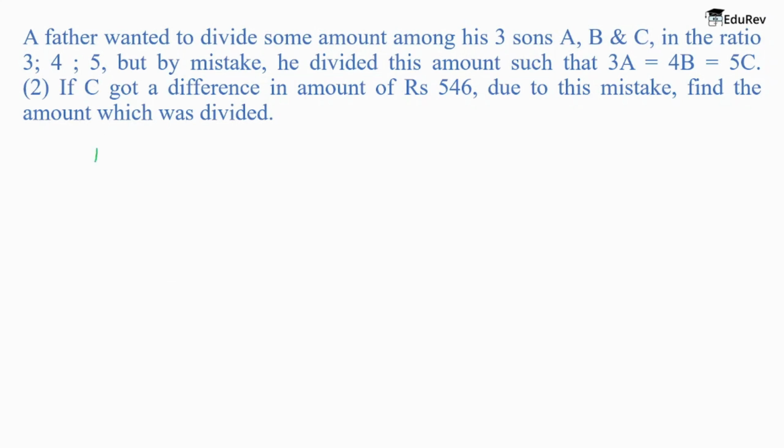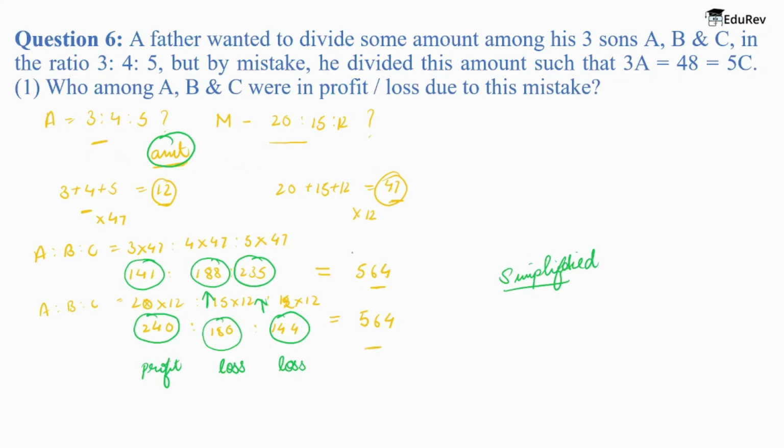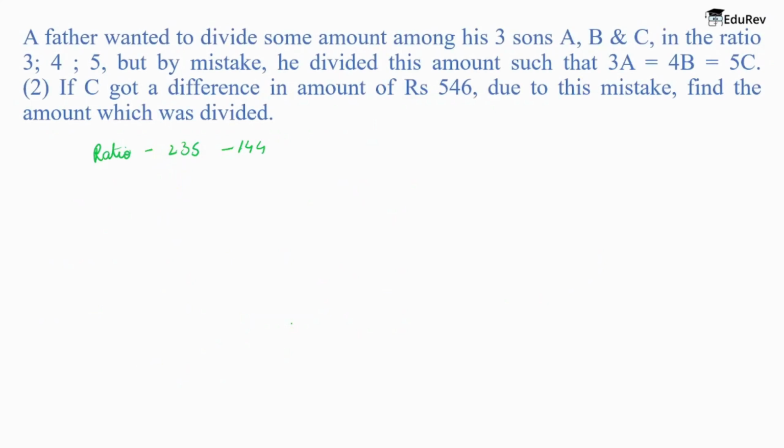Right. The second part of the question. So now we have got the amounts, which were 235 minus 144. Here 235 and 144, right? So this difference is already given, that it is equal to 546.